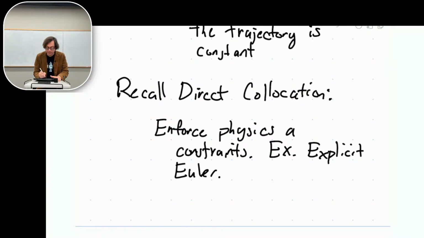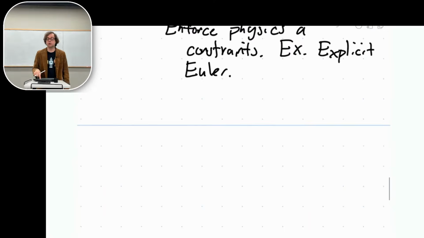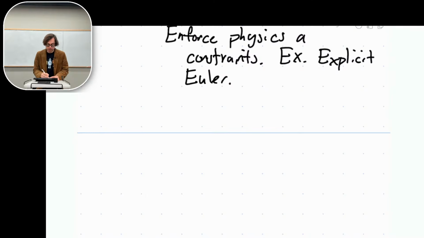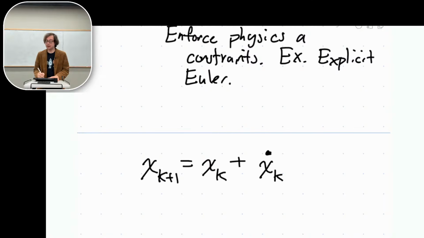We have all our other fancy versions. We have all the implicit Eulers, the trapezoidals, Hermite-Simpsons, all the things we talked about last time. Let's use an explicit Euler example, where the next state, x k plus 1, is equal to x k plus x dot at k times some delta t.